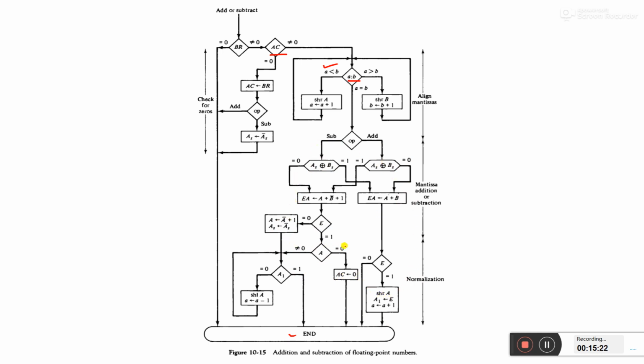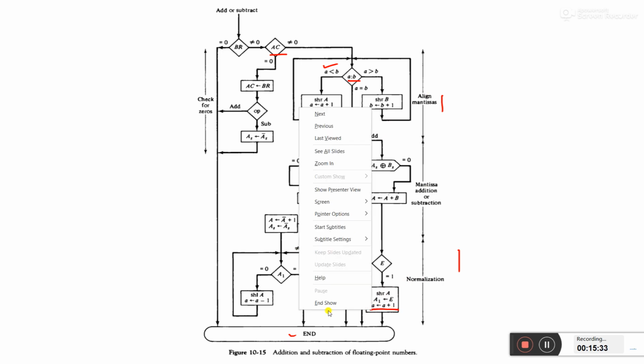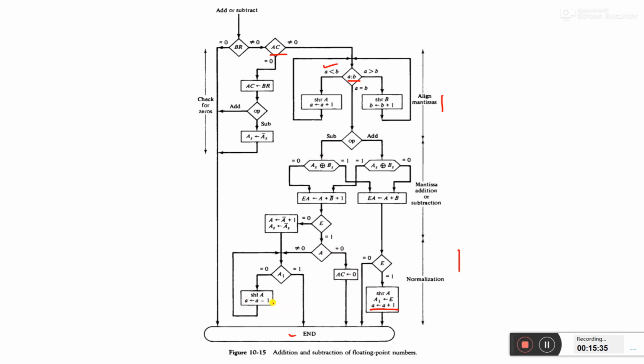So aligning the mantissa is important, normalization is important, and some extra steps are needed for the normalization purpose. Other things are the same.